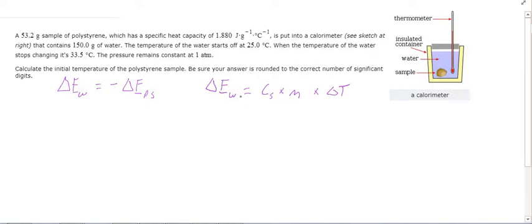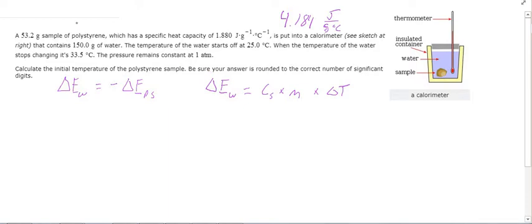So these are some things that we're given right here. We'll have to look up the specific heat capacity of water, and I'll just write that up here. It is going to be 4.184 joules per gram per degree Celsius.